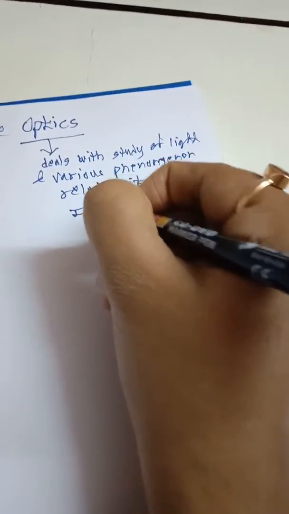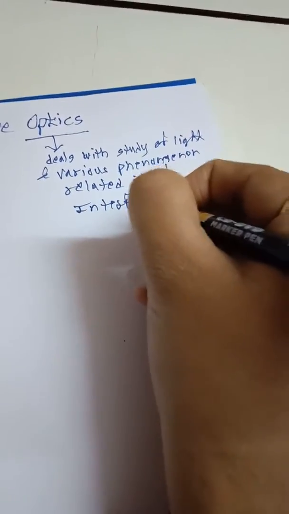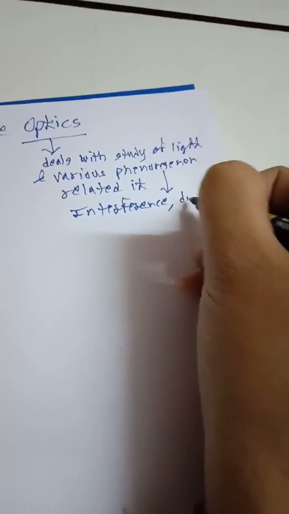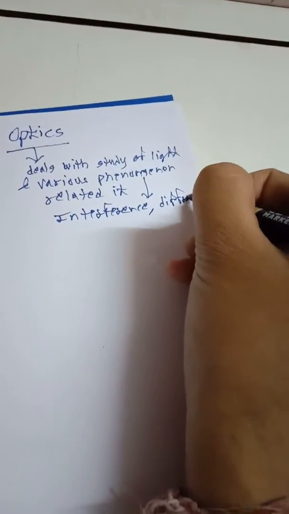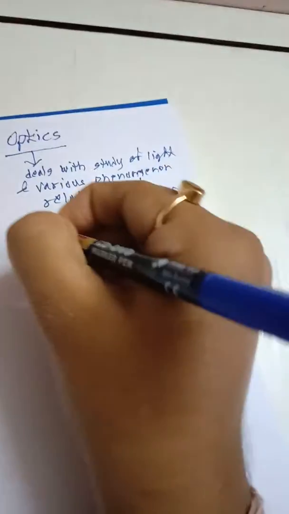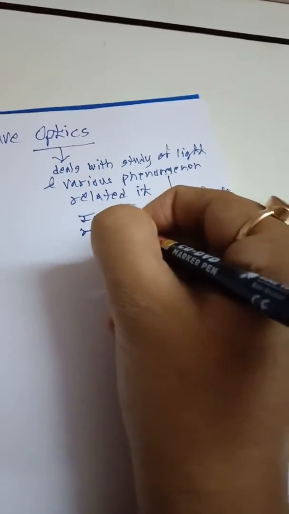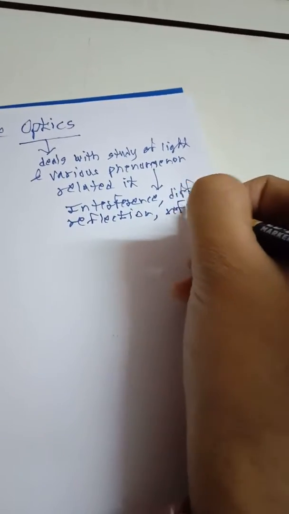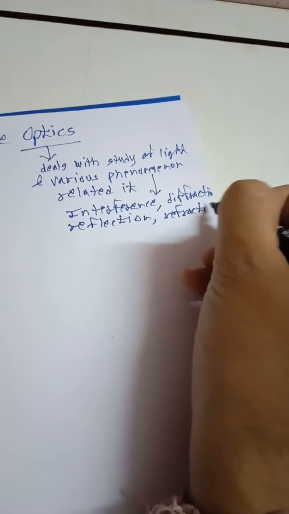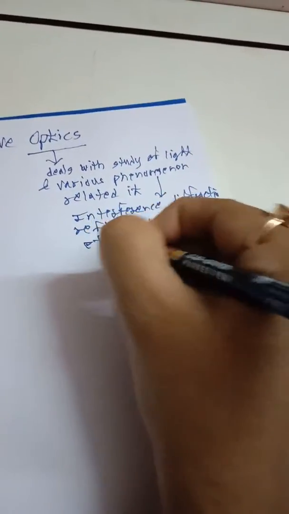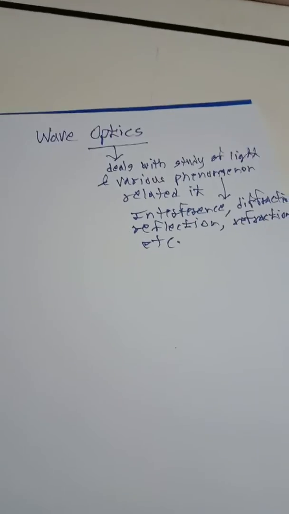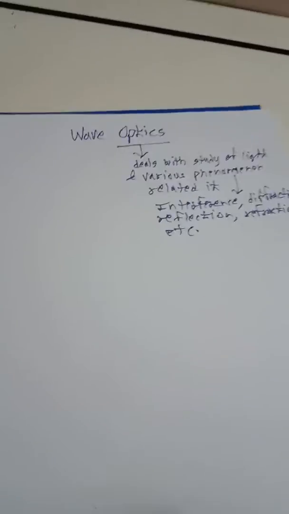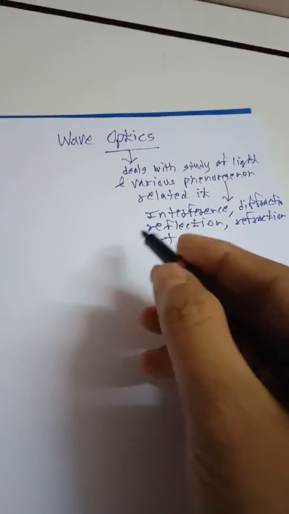It may be interference of light, diffraction of light. There can be reflection of light, refraction, etc. So these are the meaning of optics. Here we'll understand wave optics, not ray optics.